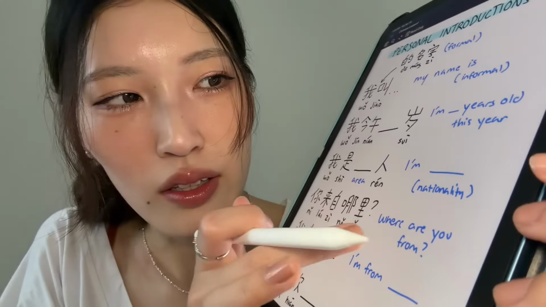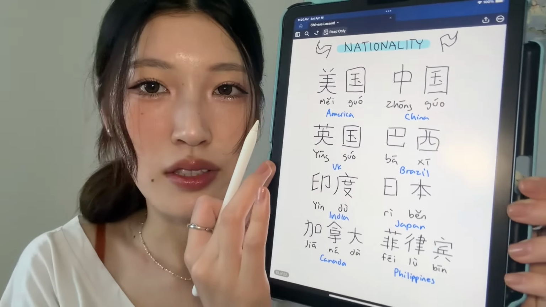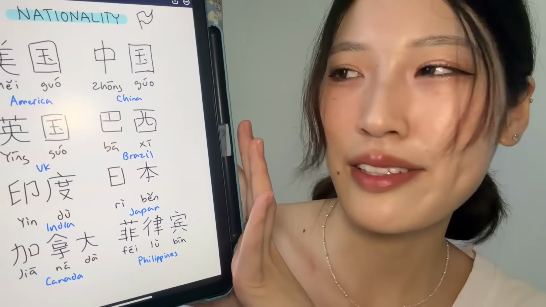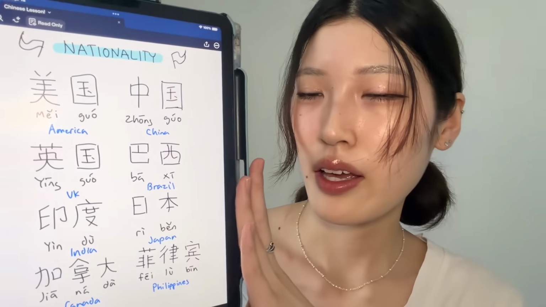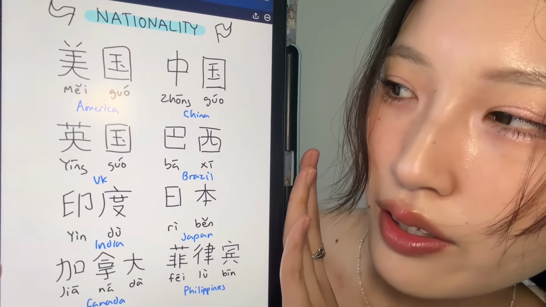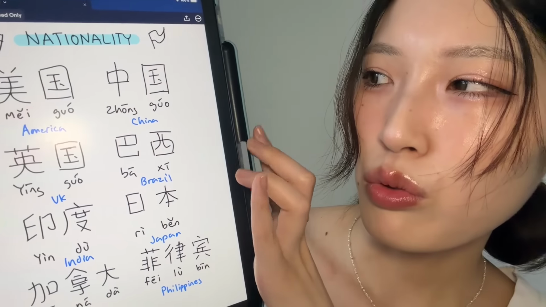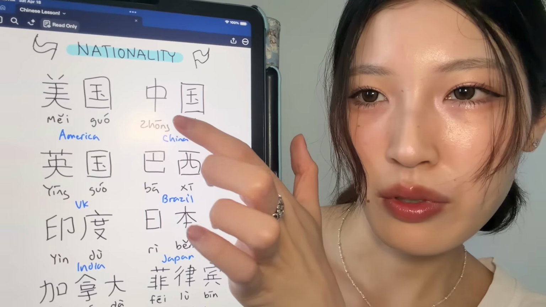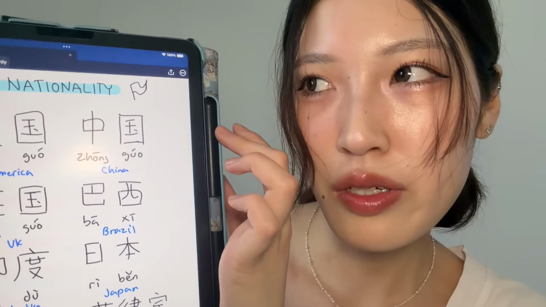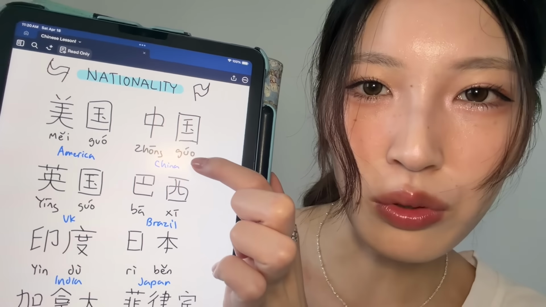And so like last time, I'm just gonna go to some nationalities here. Obviously not all, but let's see. So 美国 is America. 国家, this symbol right here, refers to country, but not all country names have 国 in them.